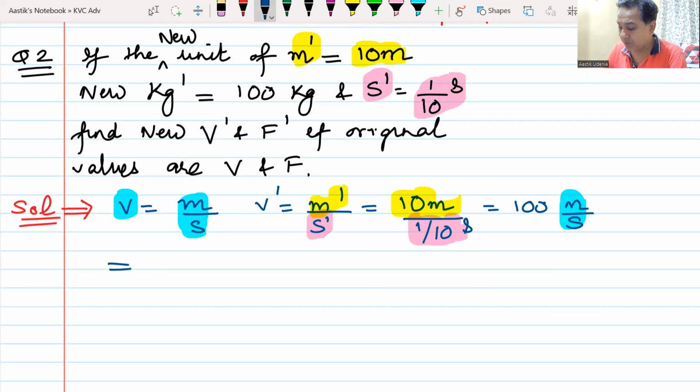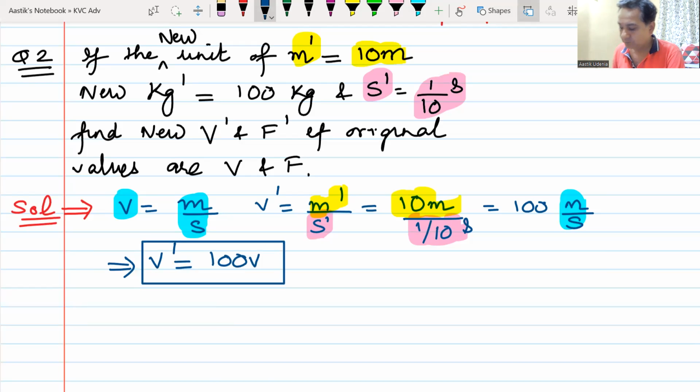So if I put all these things together, my new velocity becomes 100 times of the old velocity. Do we understand this? Yes, sir. So that is the answer to my first question. The new velocity v dash is 100 times the value of v. So as simple as that.